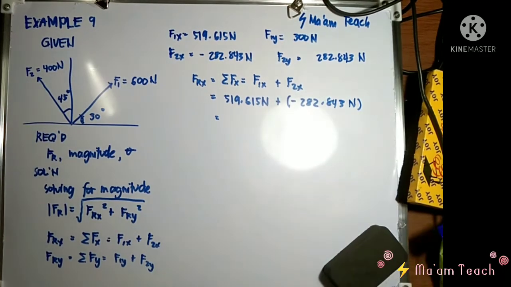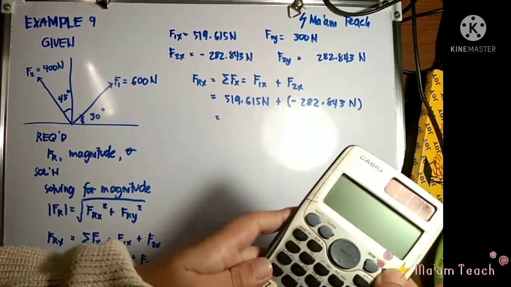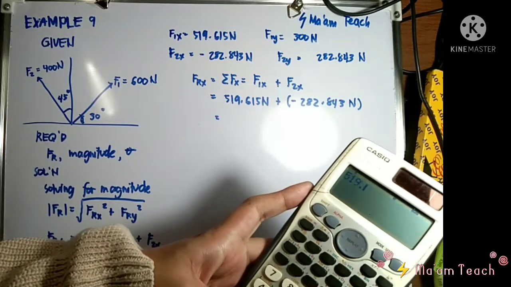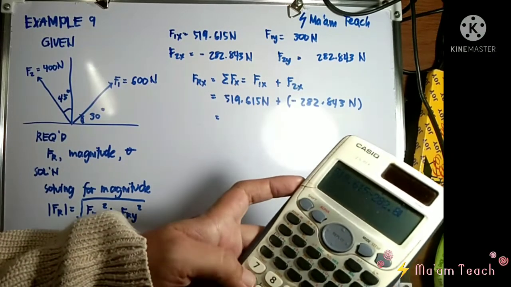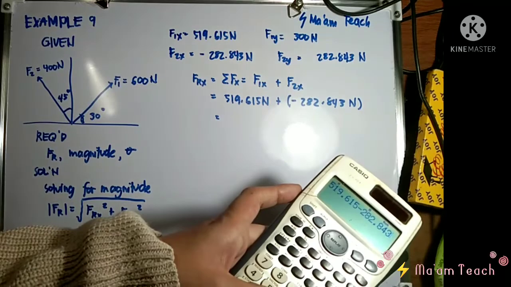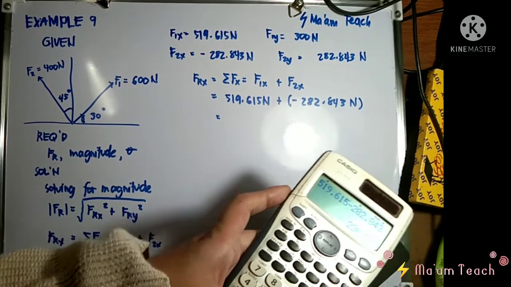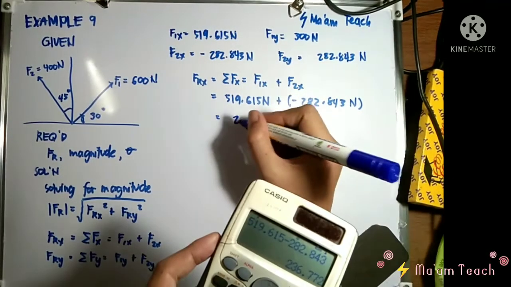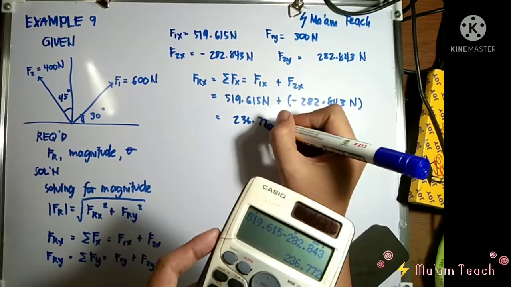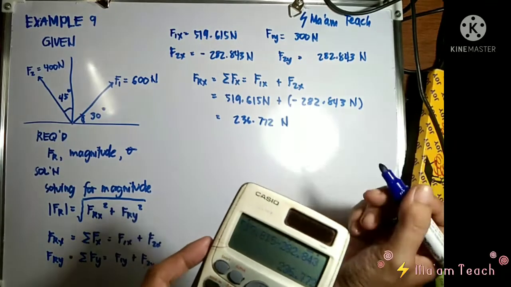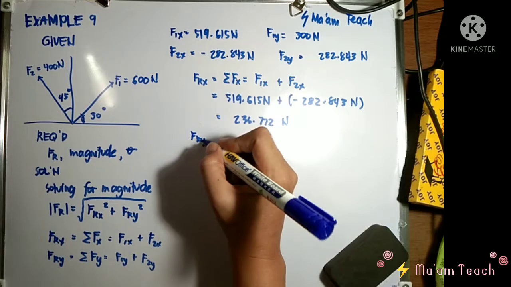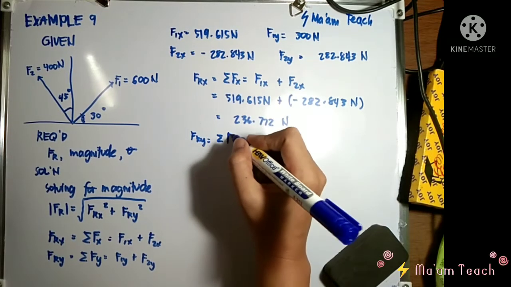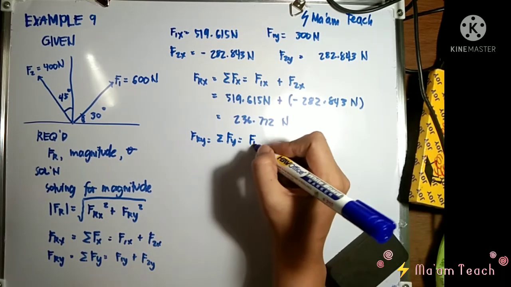So therefore the value will be 519.615 minus 282.843, and you'll have 236.772 Newton, positive.